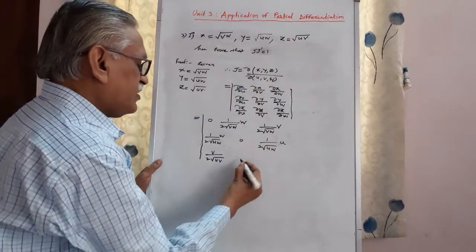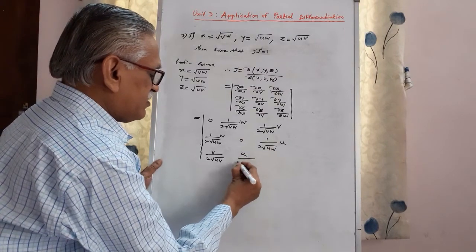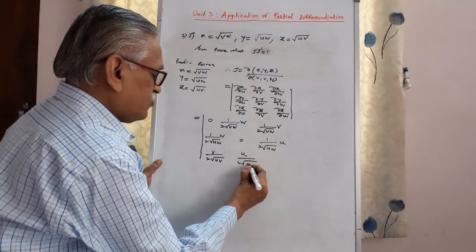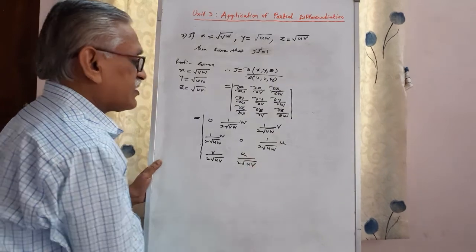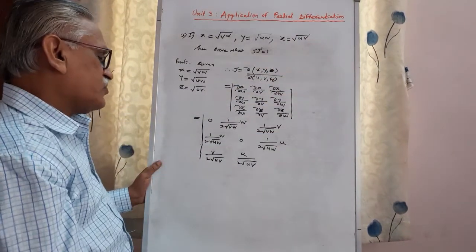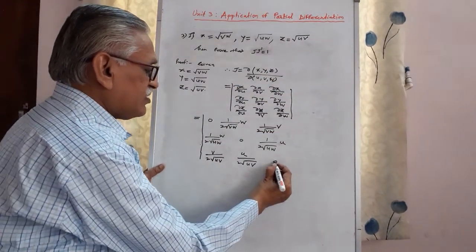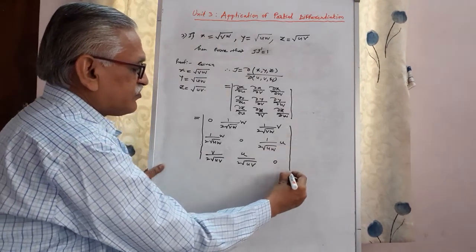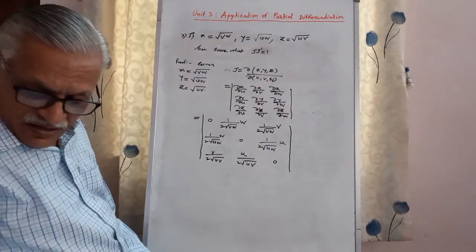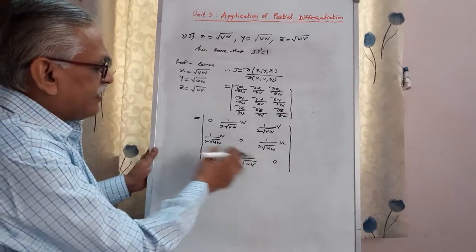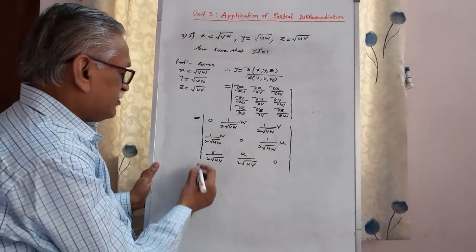With respect to v, it is u divided by 2 times root uv, and with respect to w, its derivative is 0.